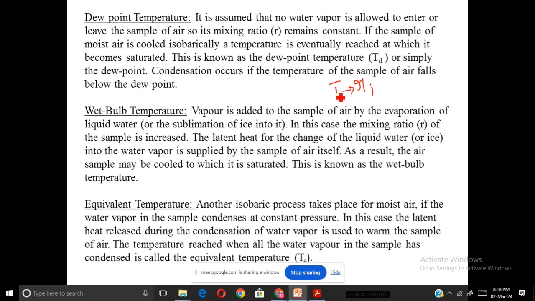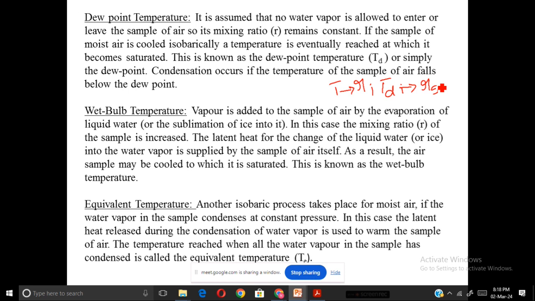As I told, we should not add any more water vapor to the sample. So without adding more water vapor, the way to make a parcel saturated is to reduce the temperature. When we attain a particular temperature, known as TD, or the dew point temperature, the mixing ratio of the parcel will become the saturation mixing ratio. R will become RS. So that temperature is known as dew point temperature.